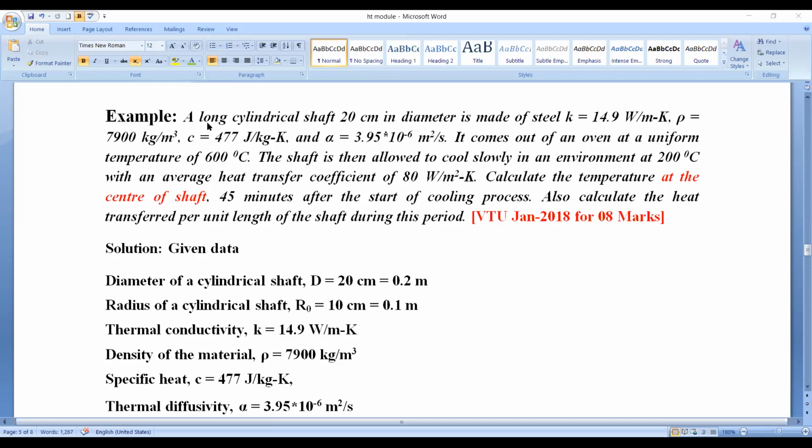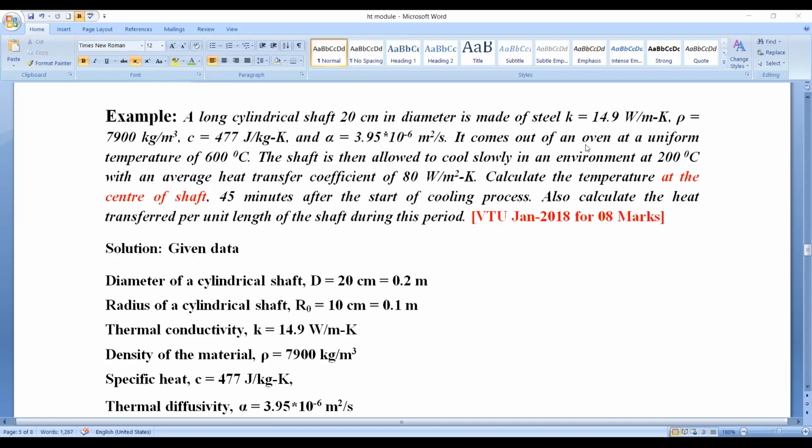Let's read the problem carefully. A long cylindrical shaft 20 centimeter in diameter is made of steel. Thermal conductivity k equals 14.9 watt per meter kelvin. Density rho equals 7900 kg per meter cube. Specific heat C equals 477 joules per kg kelvin. Thermal diffusivity alpha equals 3.95 into 10 power minus 6 meter square per second.